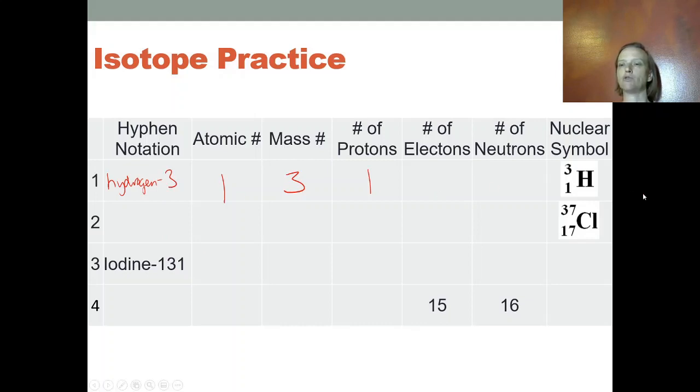Well, this is a neutral atom, so I'm going to assume that I have the same number of electrons as protons, so I have 1 of those. And the neutrons, I have to do the mass number minus the number of protons. So I'm doing 3 minus 1 is 2 for my number of neutrons.